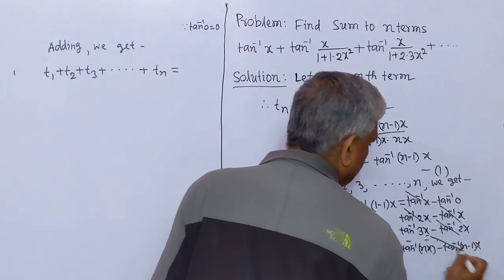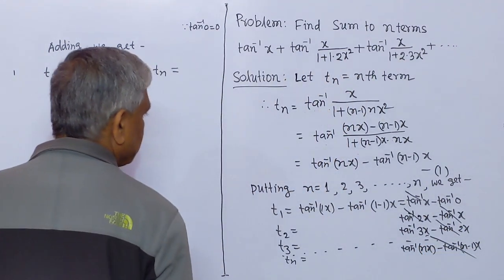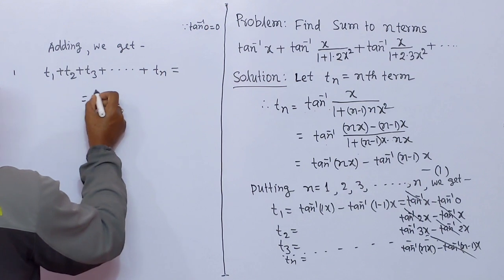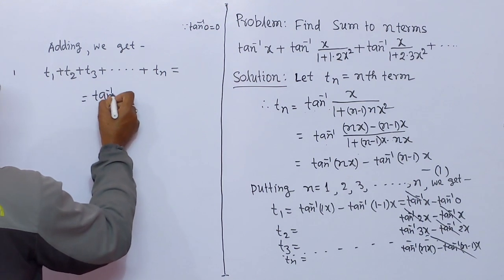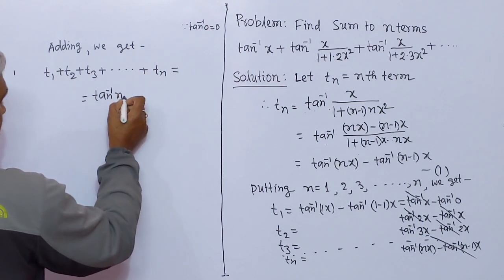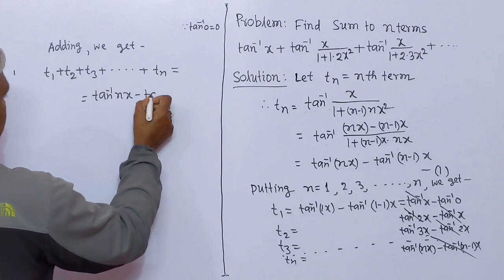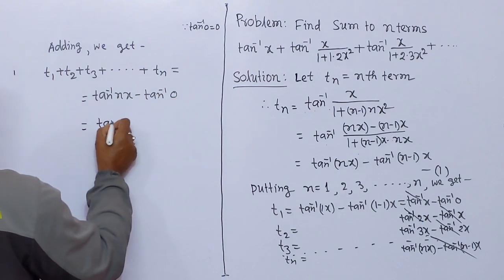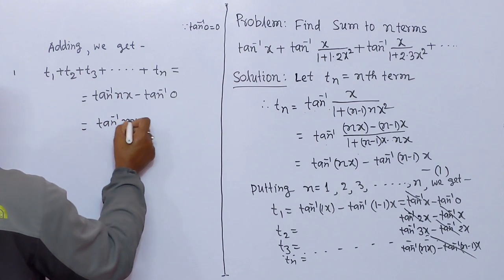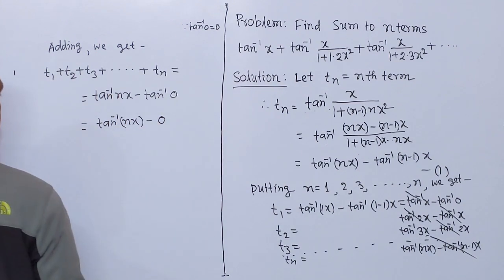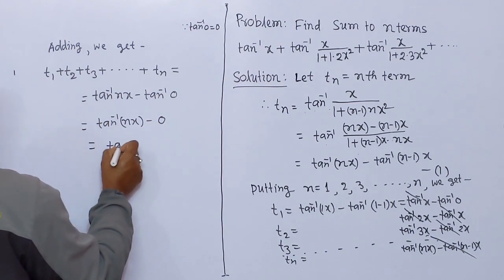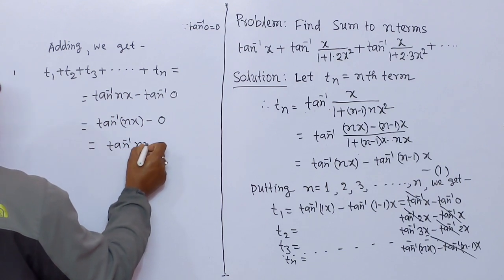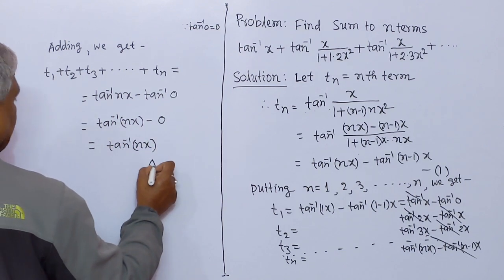So this diagonal cancels, only remains tan inverse nx minus tan inverse 0 equal to tan inverse nx minus 0. This is equal to tan inverse nx. This is the answer.